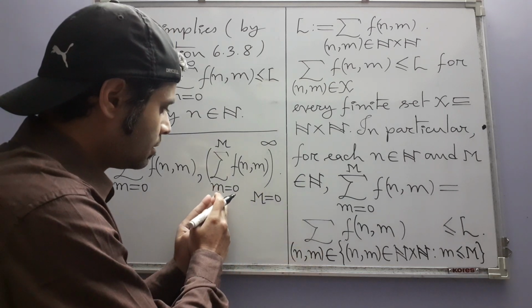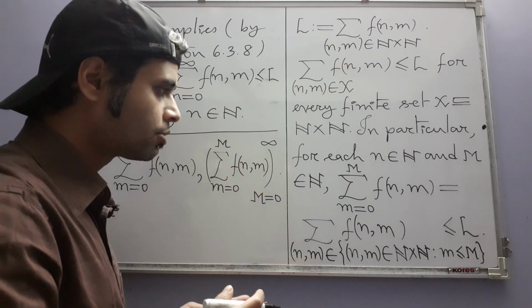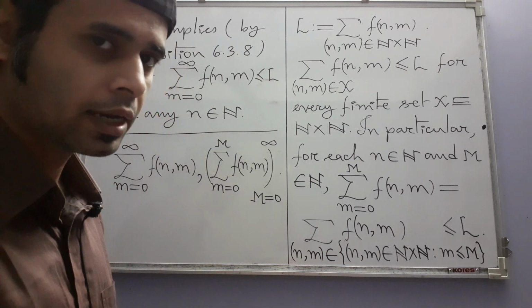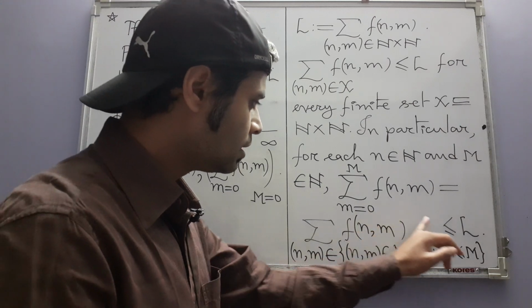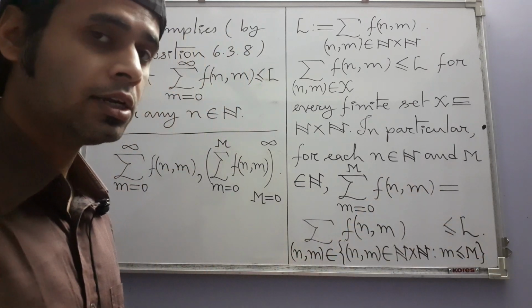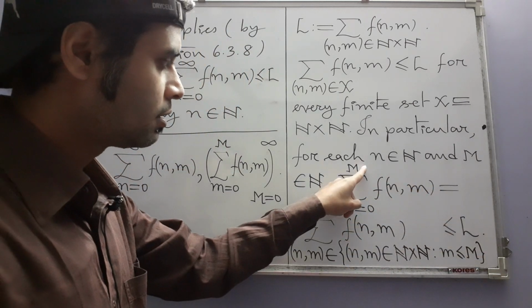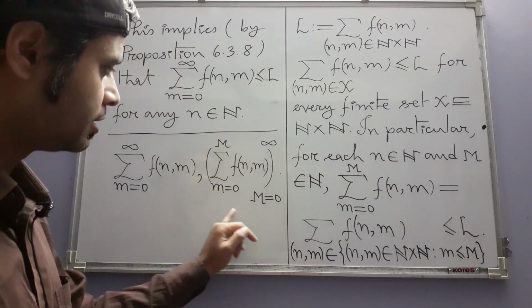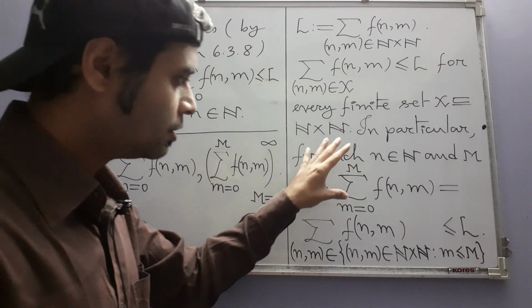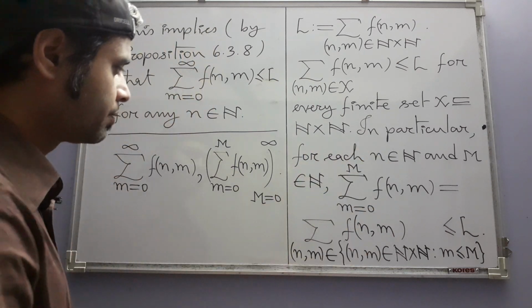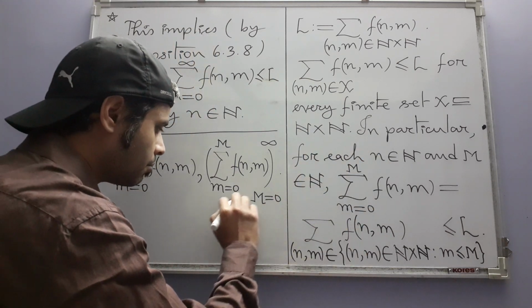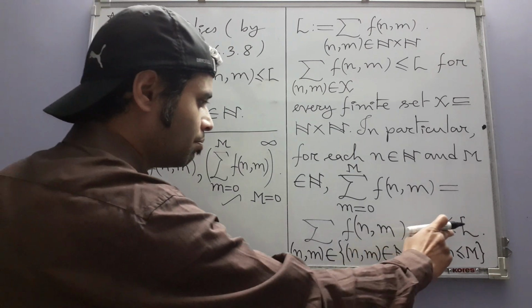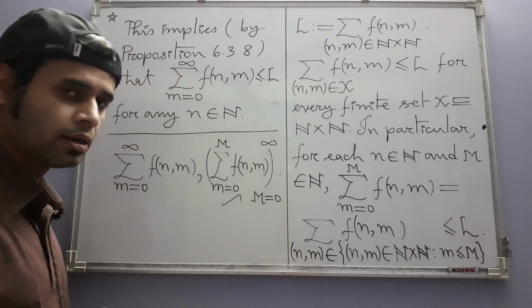So that means this is a monotone increasing sequence of real numbers, and these inequalities, I say these inequalities because capital M can change, like it is changing here in this sequence. These inequalities tell me that this is a monotone increasing sequence that is bounded above by capital L.